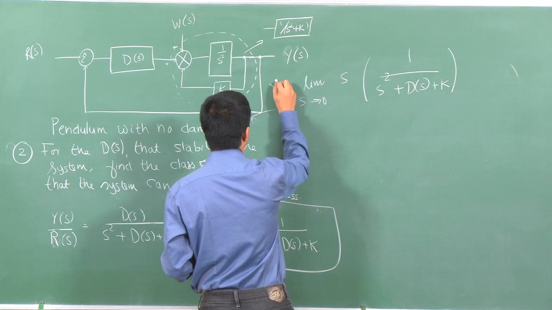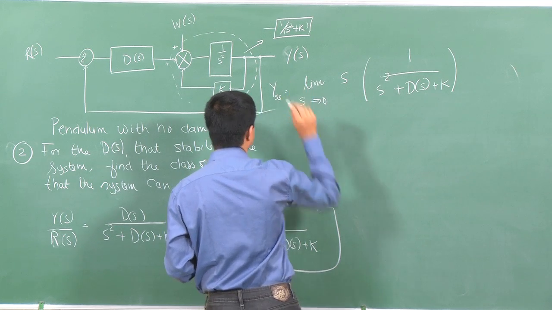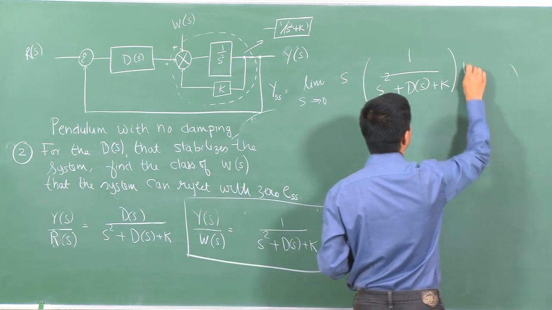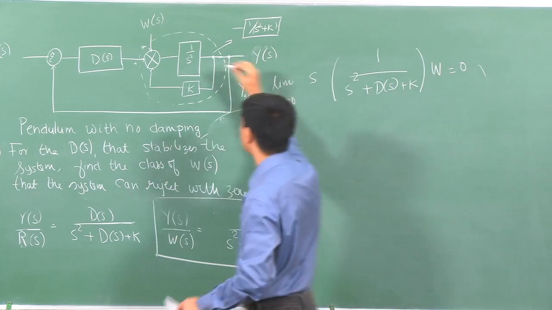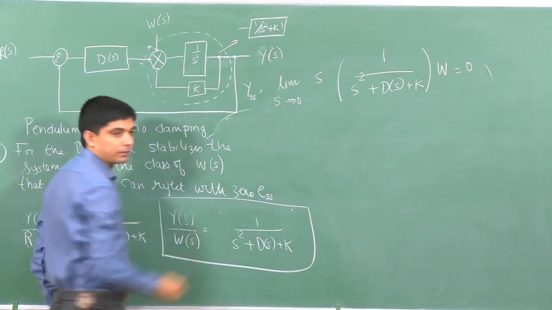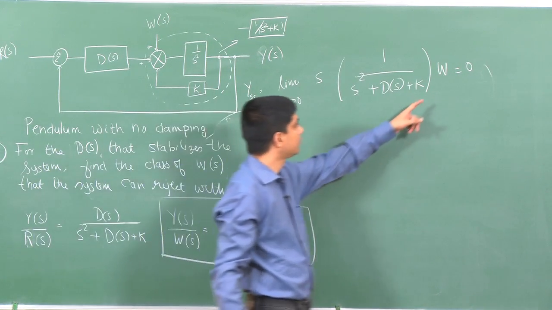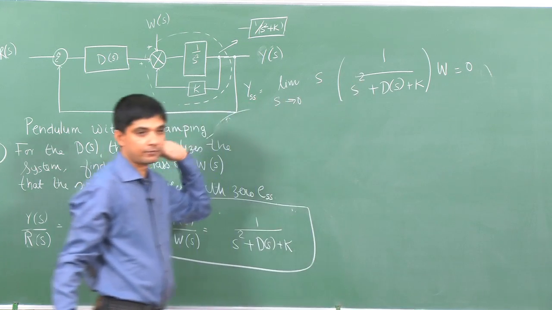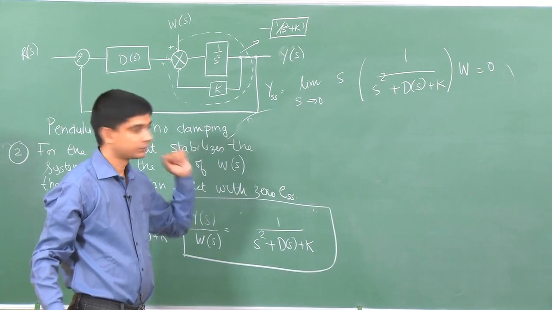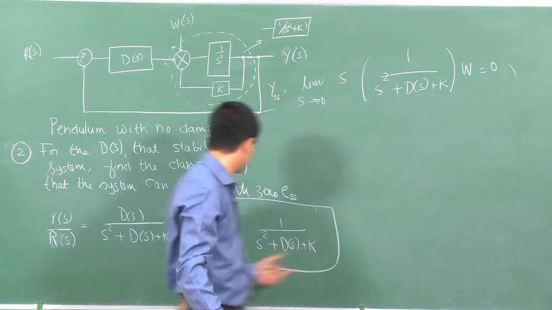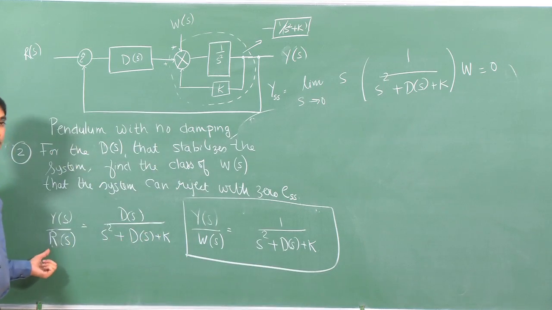This is my Y(s), or Y_ss, at the steady state: there should be no effect of the disturbance on the output, which means the W should not affect this Y at steady state. That is only because of W. I am not really considering what is happening with R at the moment.